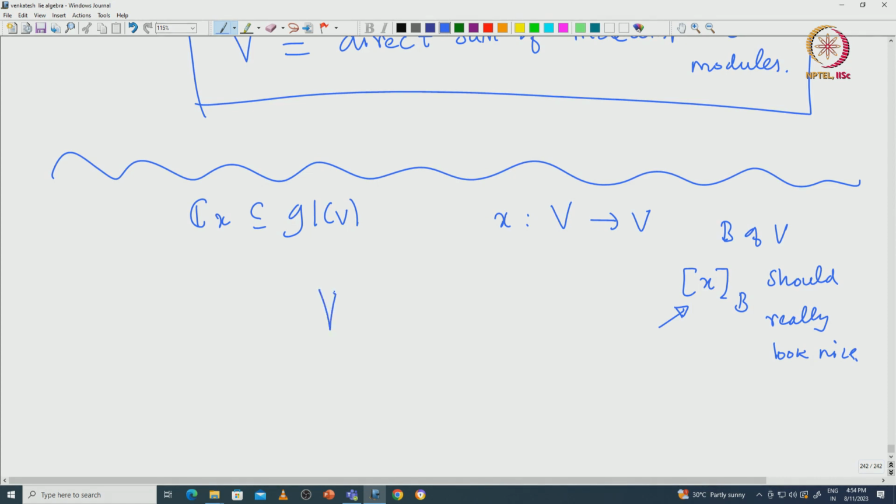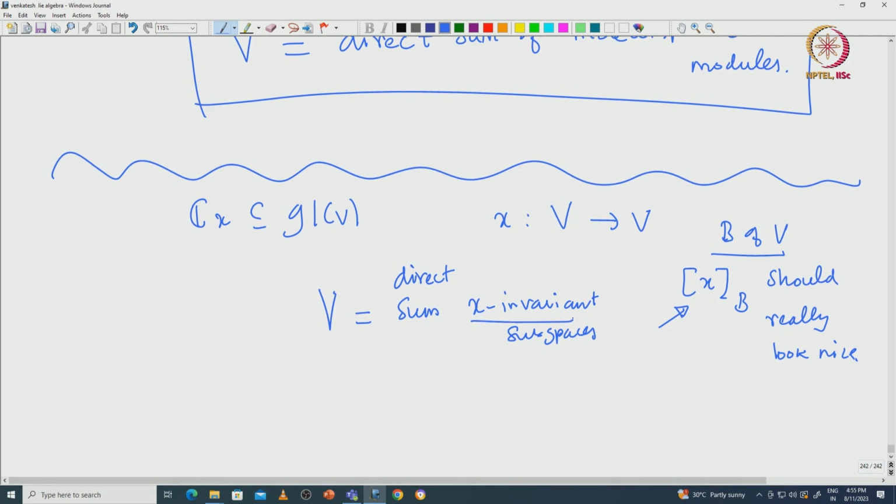You want to write V as, first of all, a direct sum of x invariant subspaces. If you write V as a direct sum of x invariant subspaces, that helps you produce a basis, obtained by putting together the bases of each individual x invariant subspace. Then the matrix of x with respect to that basis will look really nice. For example, it will look like a block diagonal. Block diagonal already has lots of zeros in it.